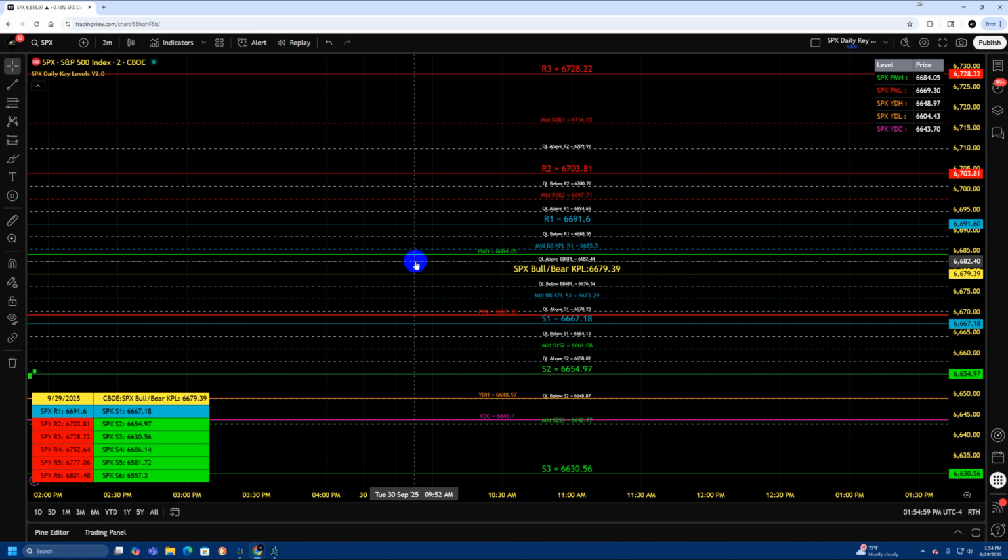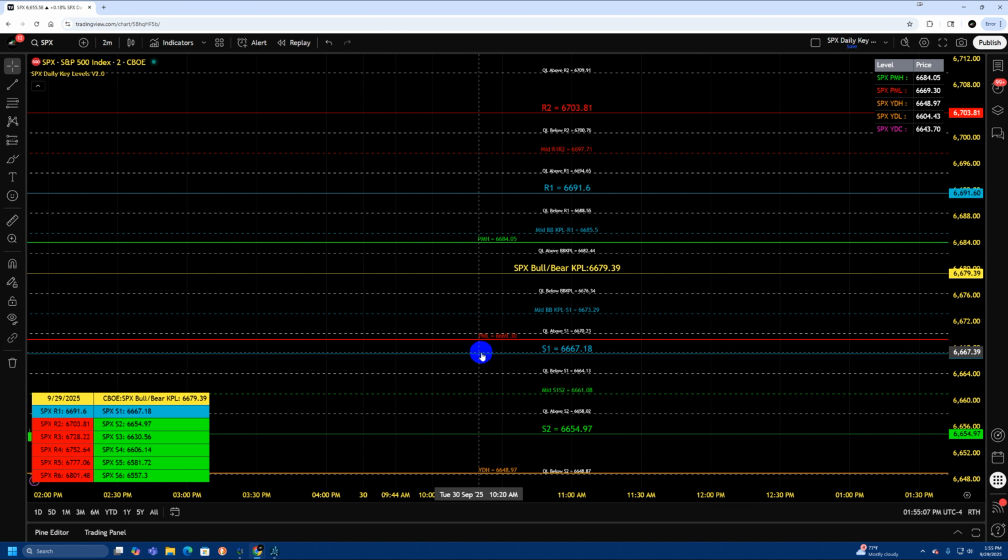So for example, if price is coming down to S1 and bouncing off of S1 and you want to take a bullish trade off of S1, then your tight stop loss on a bullish trade is the first QL below S1, because S1 is the level that you're taking the trade off of. And the standard stop loss would be the first midpoint below S1, which would be mid S1, S2.